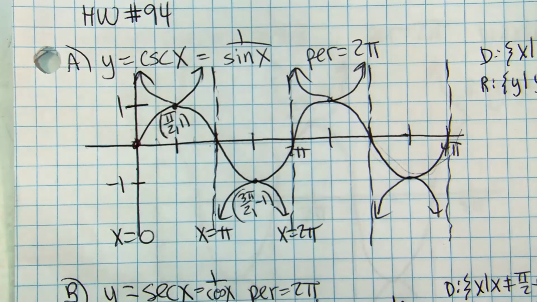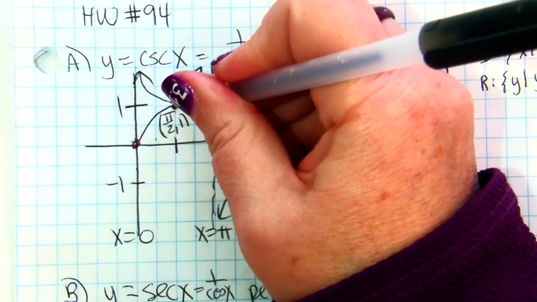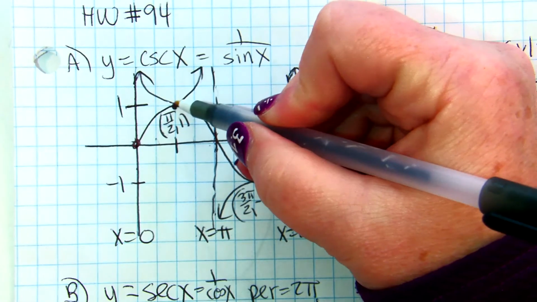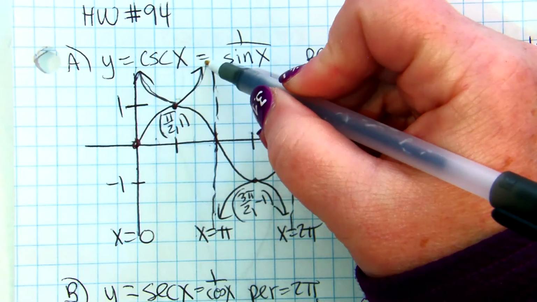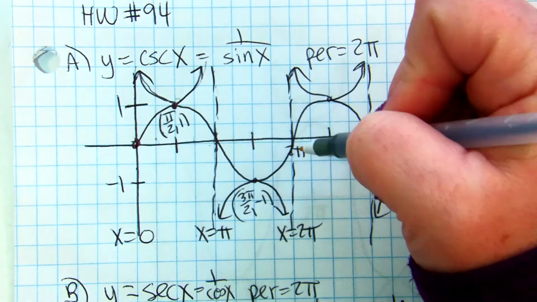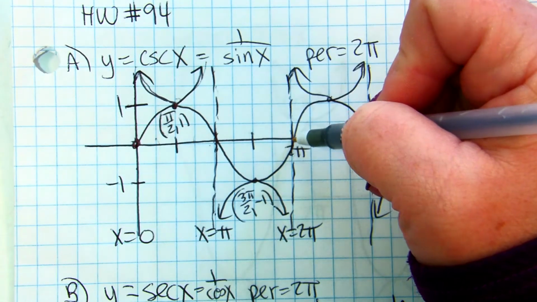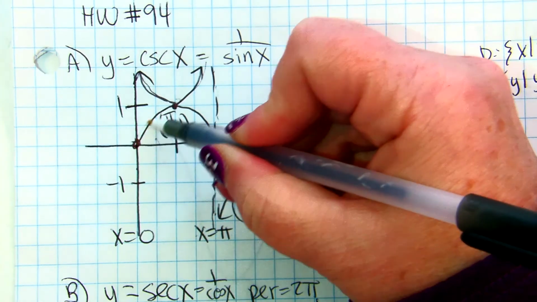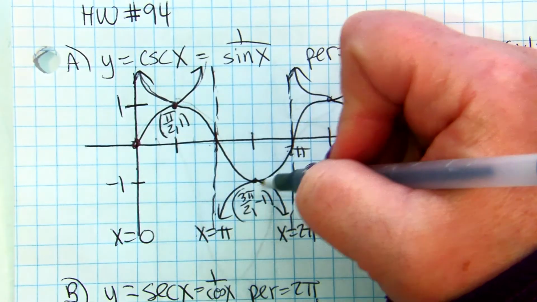And then where we have the highest point on the graph, we're going to draw a u. And this point, if you do the math, divide pi over 2 by 4, because there's 4 parts to the graph. 1, 2, 3, 4.